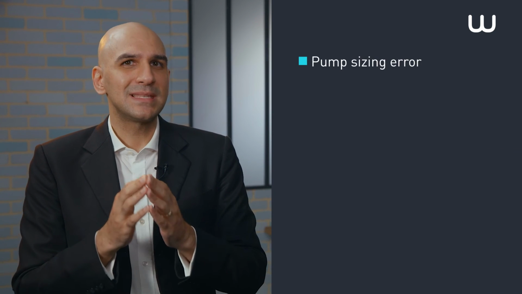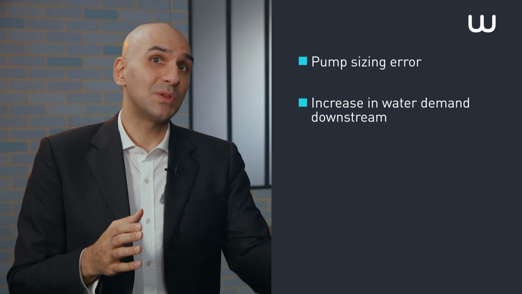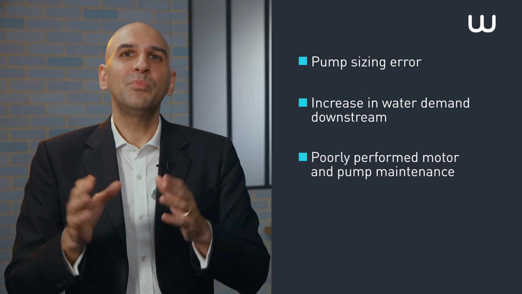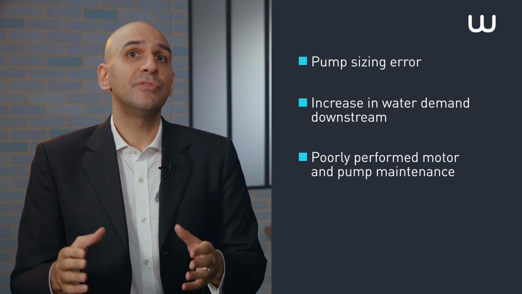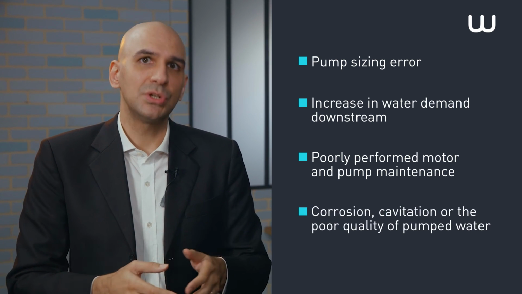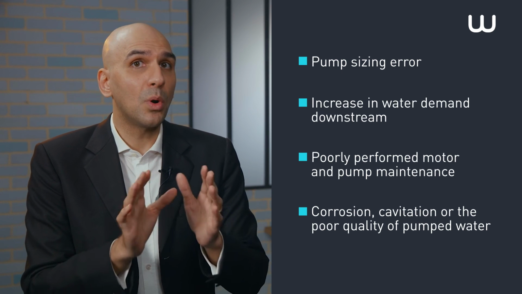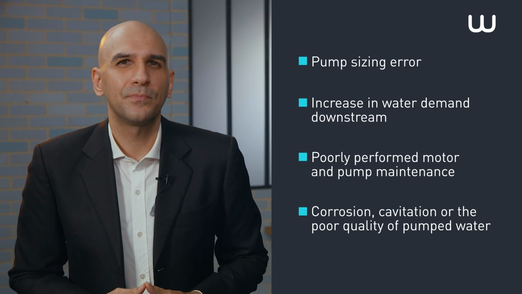What you need to remember: in addition to natural deterioration following startup, a pumping station's energy efficiency may be altered for numerous reasons, such as a pump sizing error, an increase in water demand downstream, poorly performed motor and pump maintenance, deterioration of a part due to corrosion, cavitation, or the poor quality of pumped water.